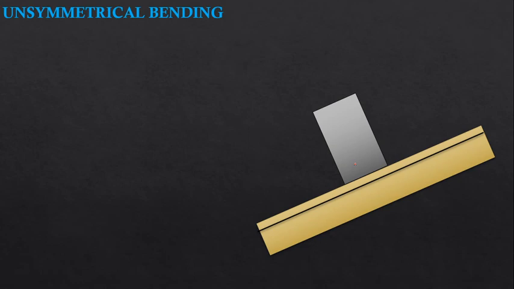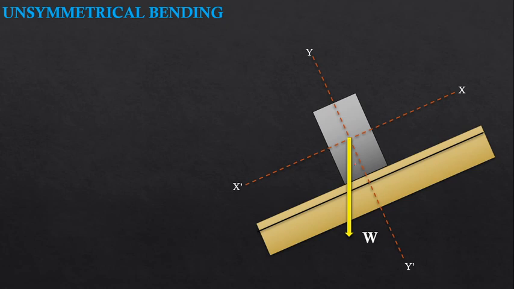The load acts in the direction of gravity. So the axes of symmetry will be y dash and x dash of this object, but the axes of loading will be different. These will be vv dash and uu dash. So when the load acts on other axes like vv and uu, this is the cause of unsymmetrical bending, because the load does not act along the axes of this object.